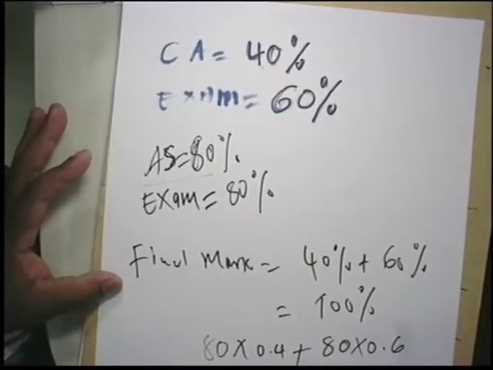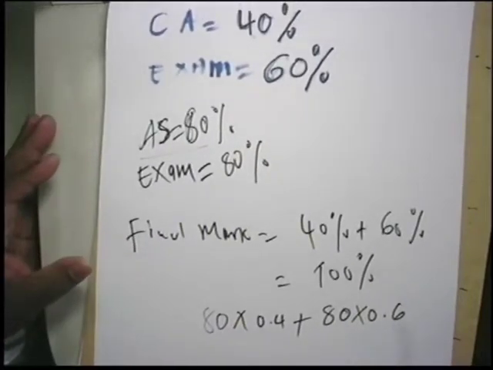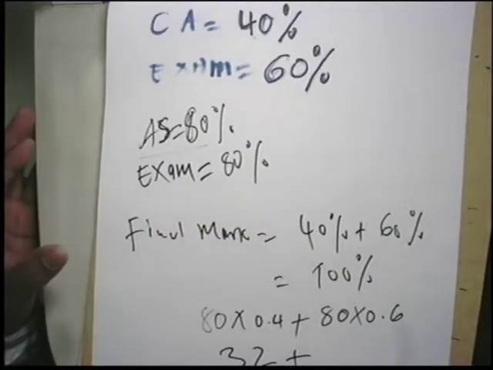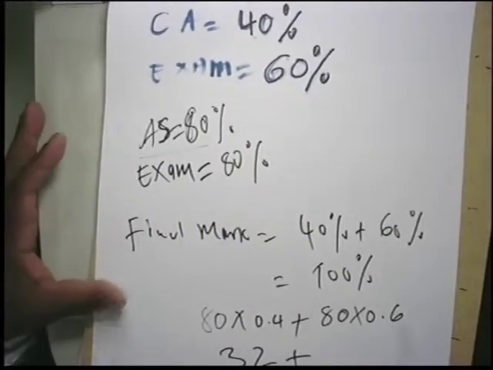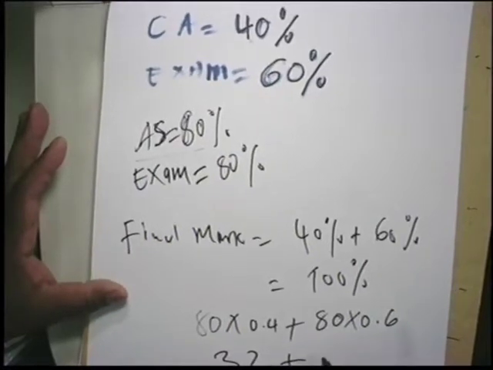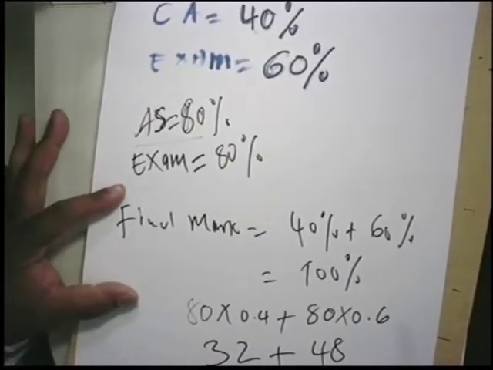This will determine your overall mark. 80 times 0.4 is equal to 32, and 80 times 0.6 is 48.